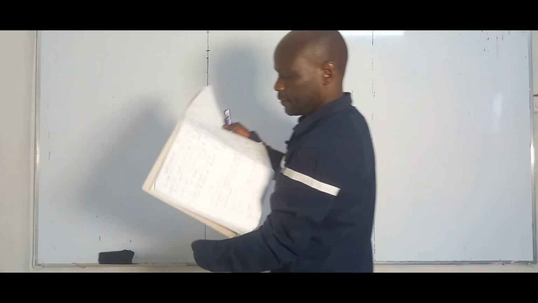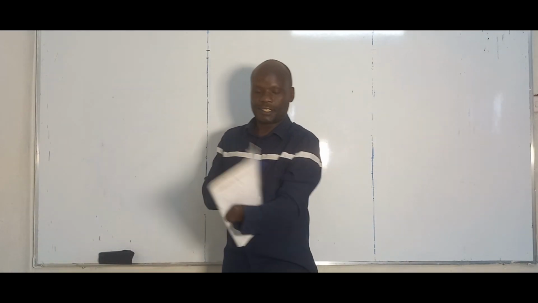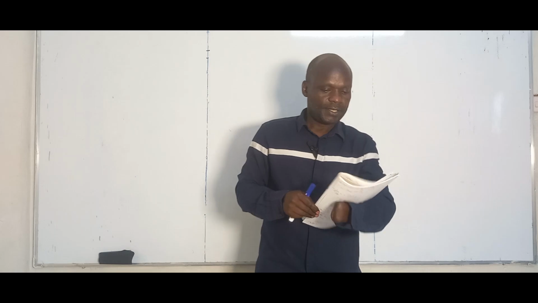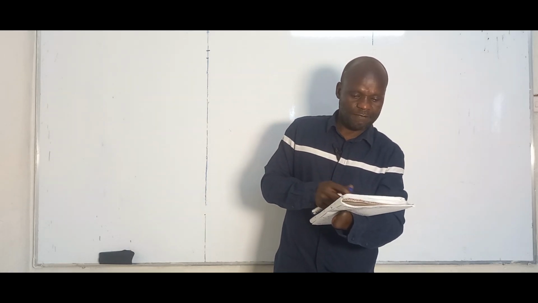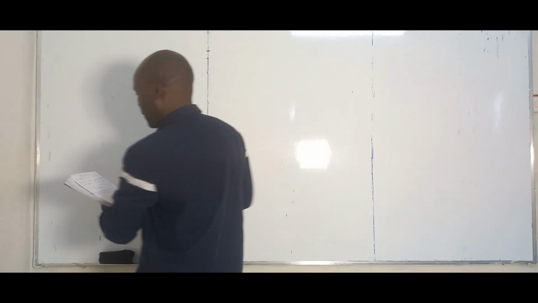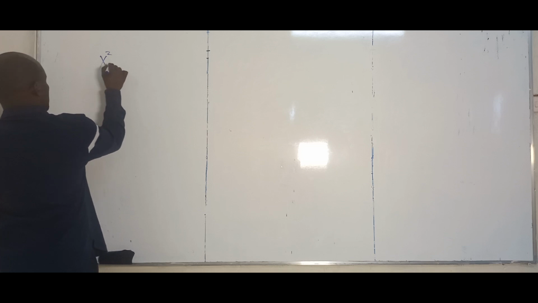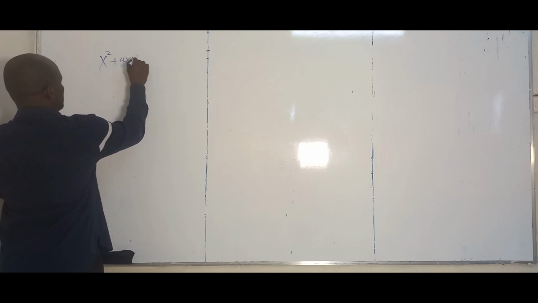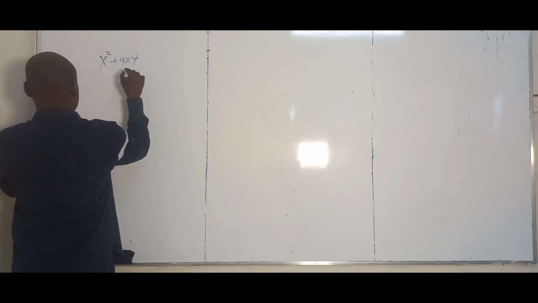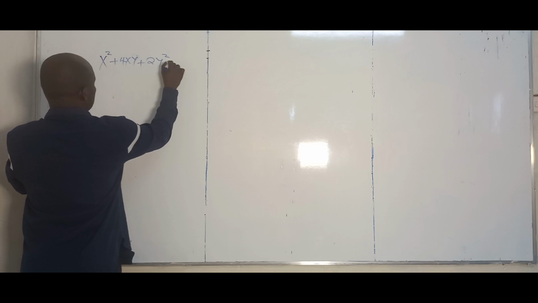Well, again, let's consider that particular question. The equation of a curve is given as x squared plus 4xy plus 2y squared is equal to 7.